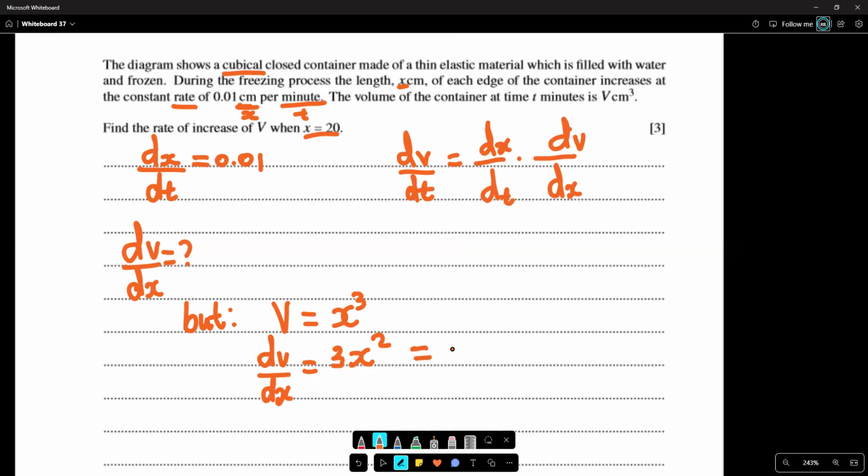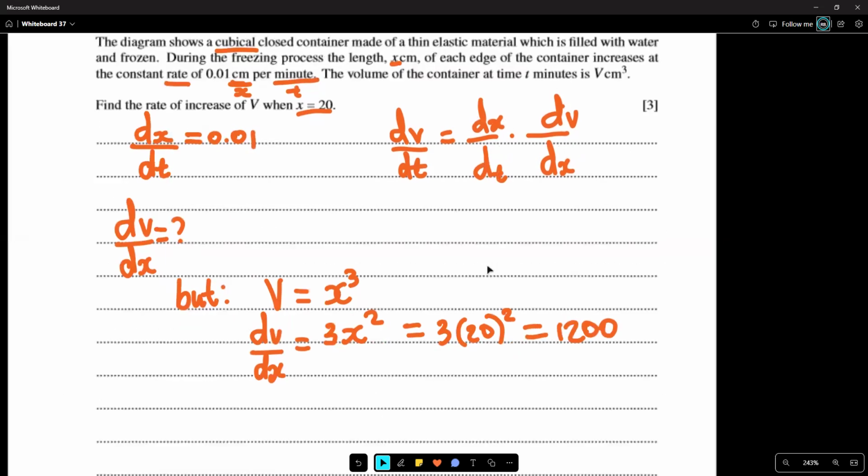But we were told that the value of x is 20. So we're going to say 20 squared, which gives us 400, times 3. That gives us 1,200. All right. Awesome. Now we can go back and substitute there.